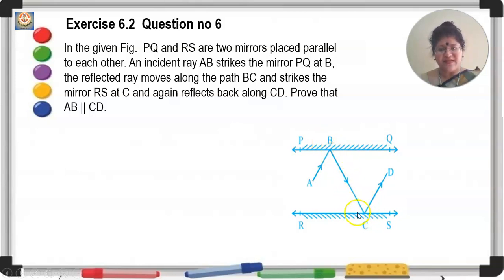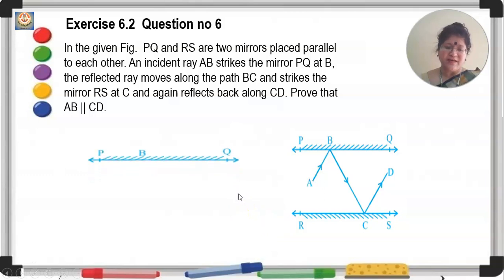When it reflects, it touches this mirror at point C. And again what happens is it reflects back, that is CD. You have to prove this AB is parallel to CD.